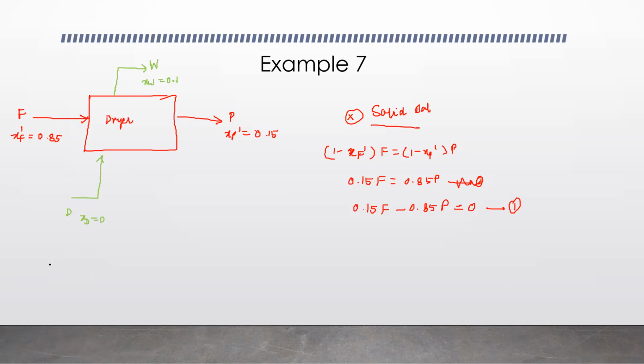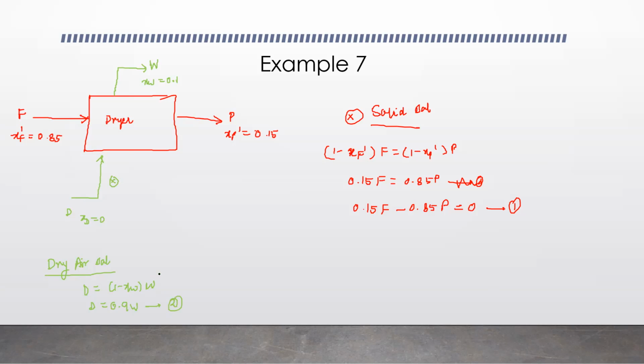At the entry point, that is going to be D, since all of the air is dry. At the exit point, it is (1 minus XW) into W. So you get D as 0.9 times W. This is your equation number 2.